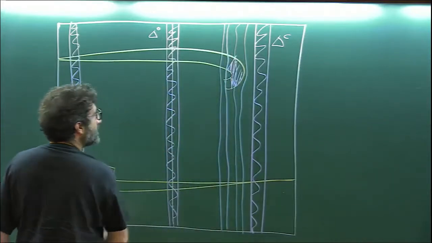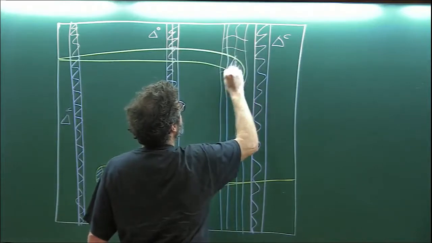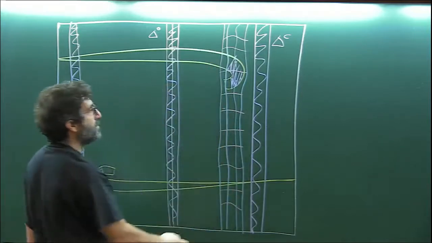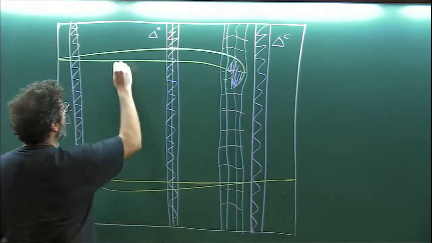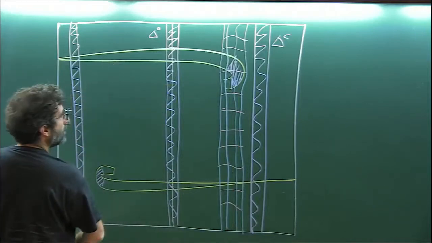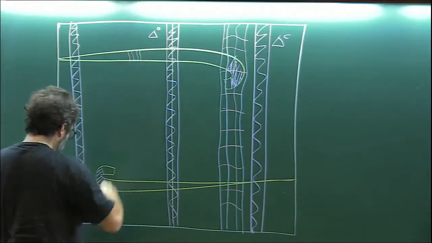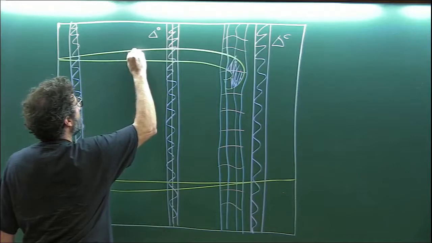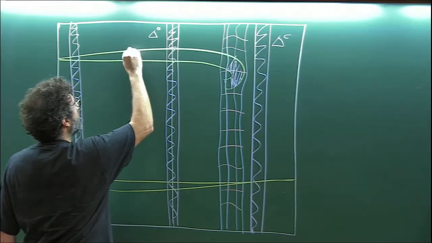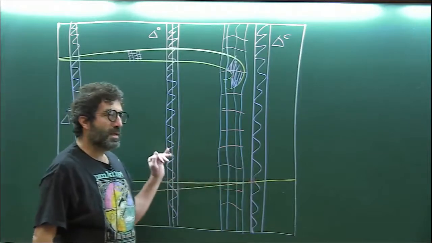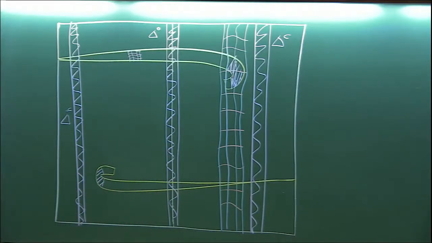And if you remember, this has hyperbolic coordinates, so it has this structure. The image of this will be somewhere here, so it will be a small strip with the stable and the unstable leaves going like this. And its image will again be here.